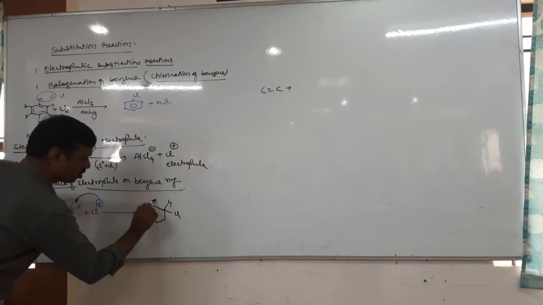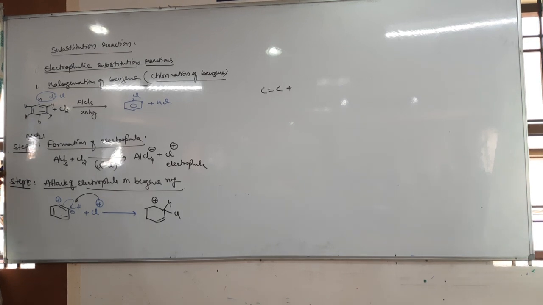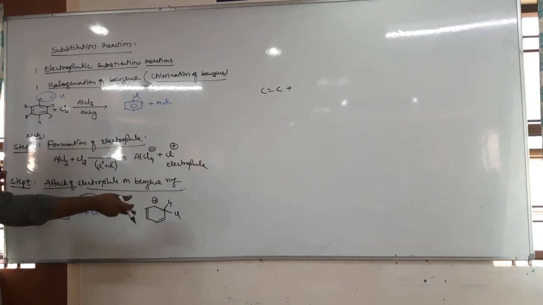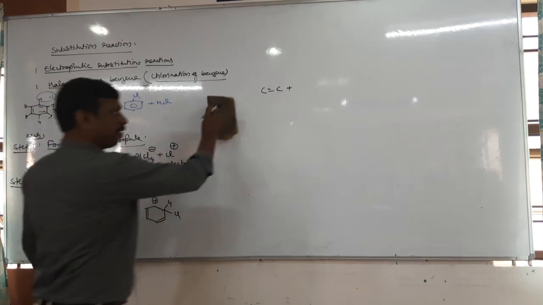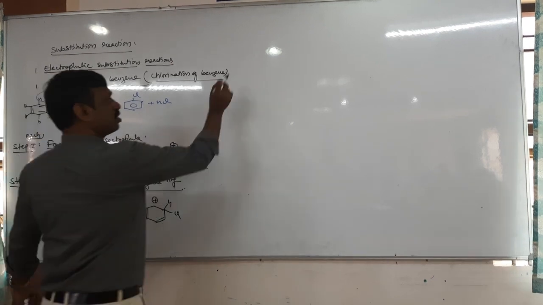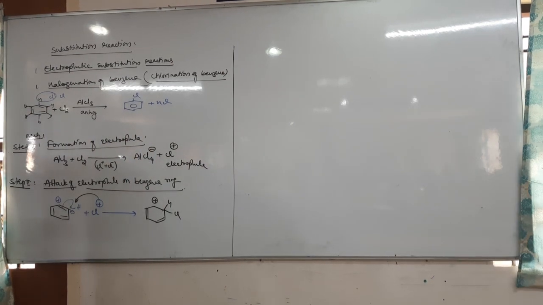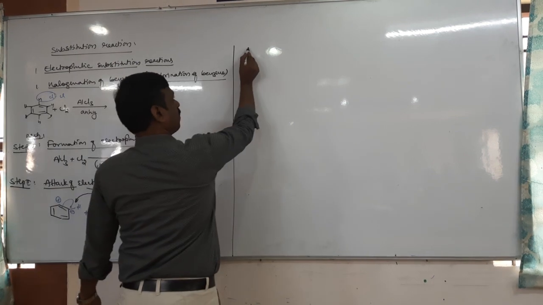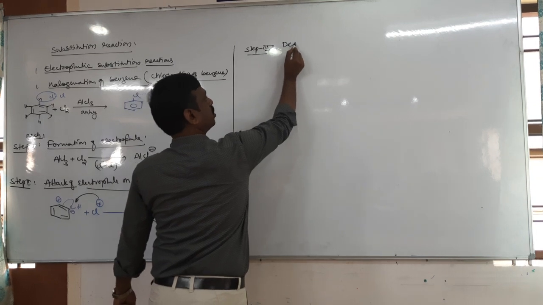The intermediate is this benzene ring containing positive charge, and it undergoes resonance. We have written the resonance structures, need not write again and again. It undergoes resonance, you will get a resonance hybrid which is called sigma complex. Okay, it is step 2. Next is step 3. Step 3 is deprotonation.